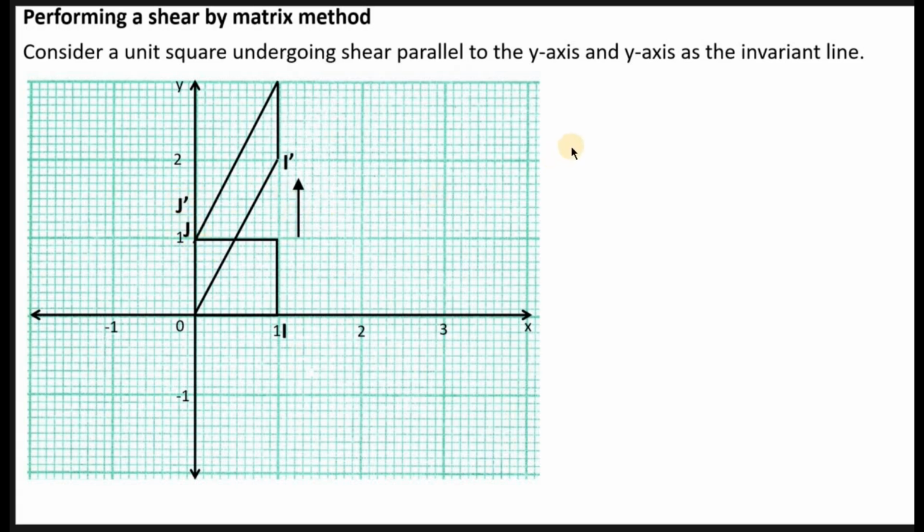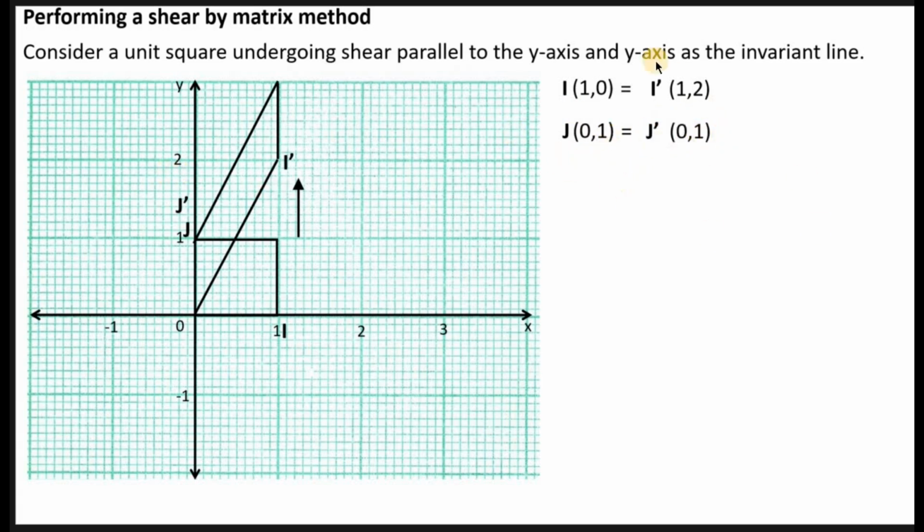As usual, the object point of I, coordinate (1, 0), gets transformed into the image point at (1, 2). So the image point I prime has (1, 2). Then the J object point (0, 1) gets transformed to an image point at the same place, which is (0, 1).